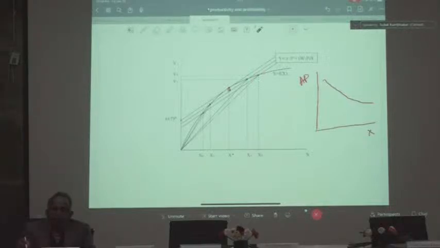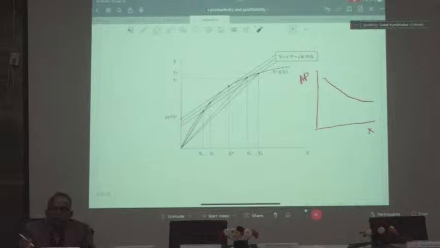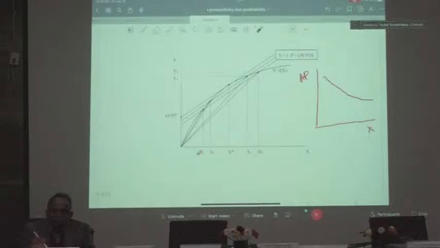So look at what is happening to profit. Pay attention to the vertical distance. As you move from XA to XB, the vertical distance is increasing, right? On the second line here, the vertical distance, which is the profit adjusted for output price, is increasing. As you move from this point to this point to this point, profit keeps on increasing.